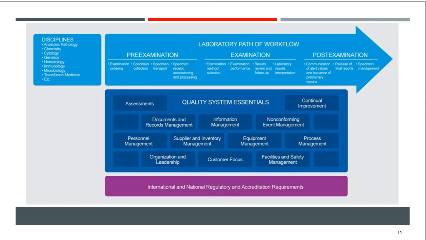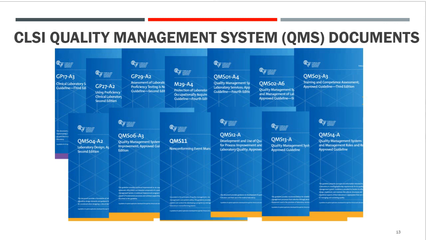Recognizing here in the purple bar at the bottom, this is all still under international and national regulatory and accreditation requirements that these need to follow. So CLSI does publish a series of QMS documents, and most of these deal with individual quality system essentials, the 12 little boxes we saw on the prior slide.